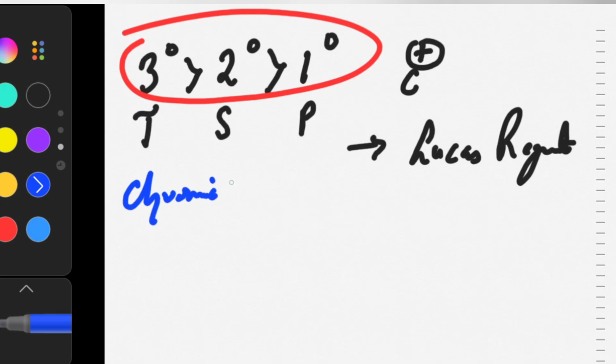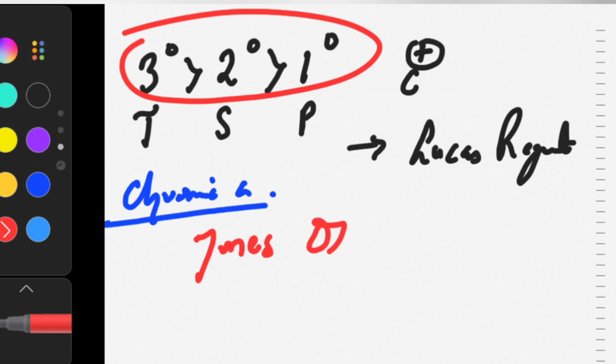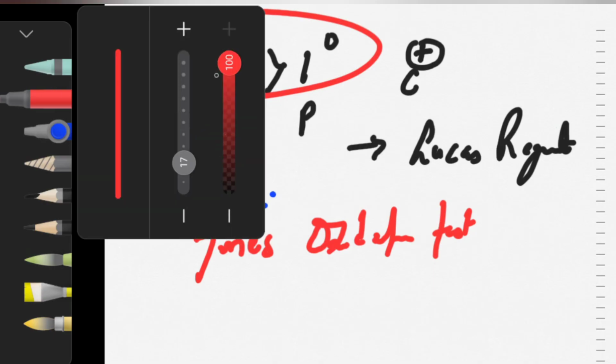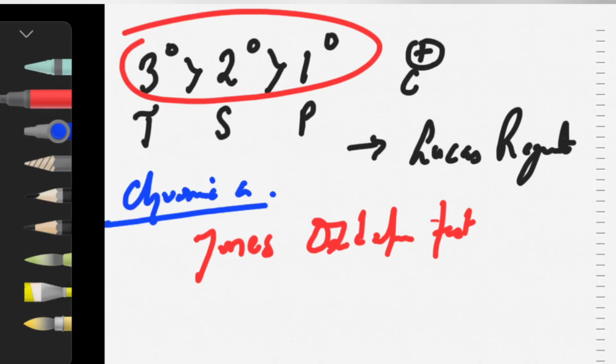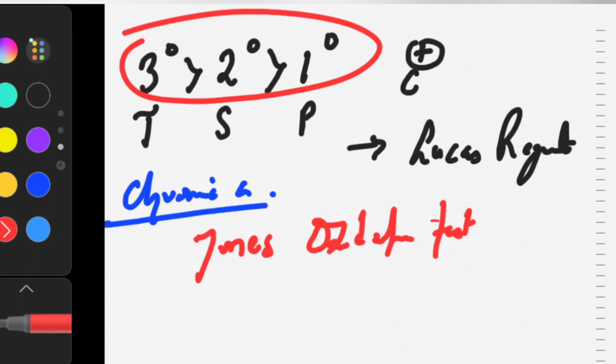In the chromic acid test, I just said earlier that the chromic acid test is also known as the Jones oxidation test. Don't forget that.